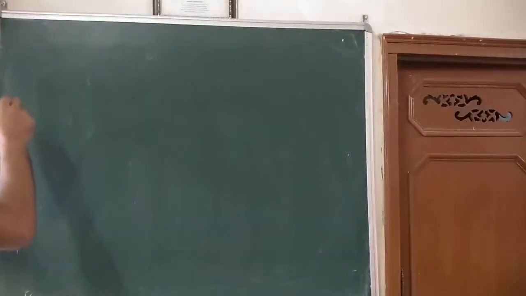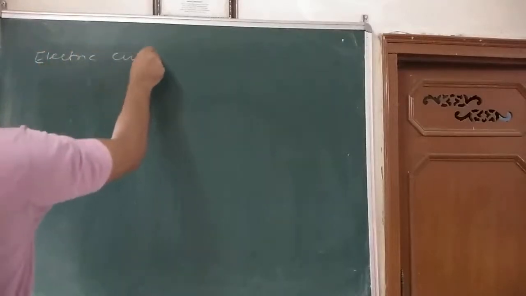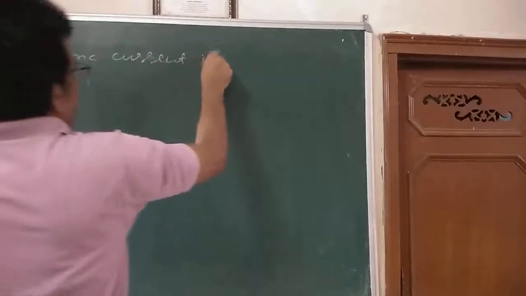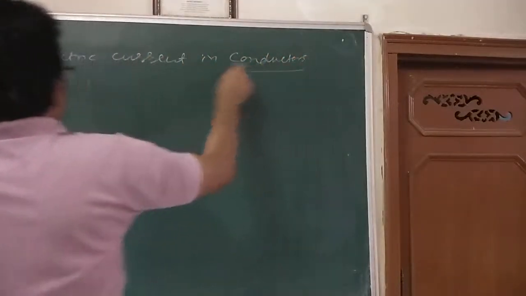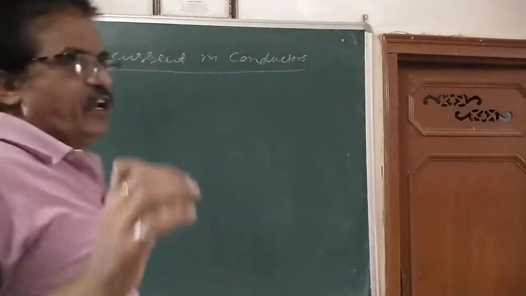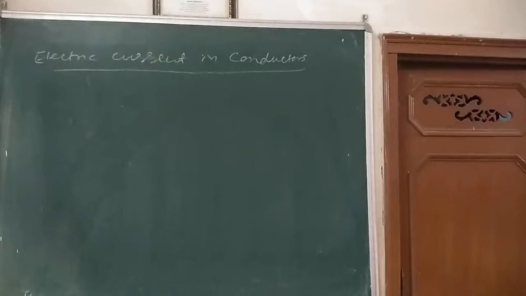Now, what do you mean by electric current in conductors? In conductors, dear children, a large number of free electrons are available over there. So easily current can flow.